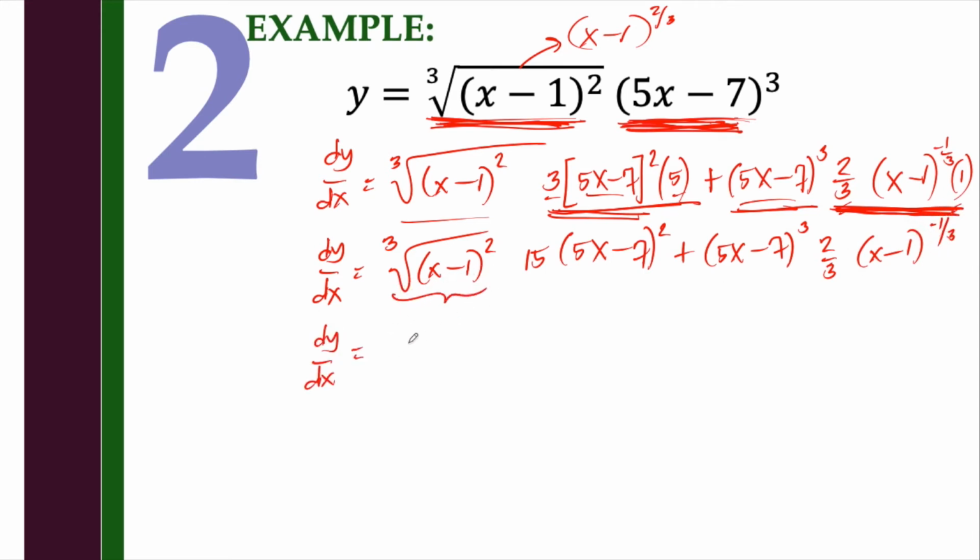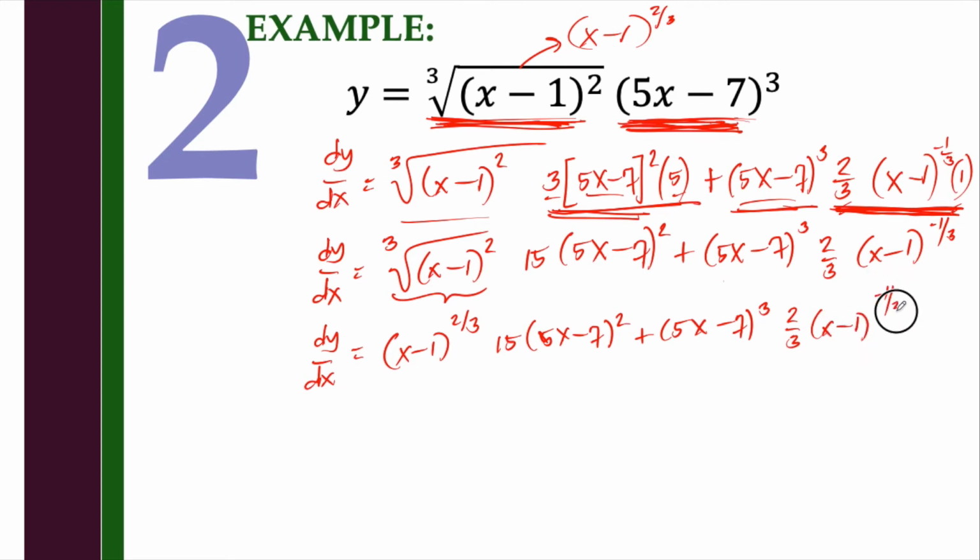Further, this may be written as (x - 1) raised to 2/3 times 15(5x - 7) raised to 2, plus (5x - 7) raised to 3 times 2/3 (x - 1) raised to negative 1/3.